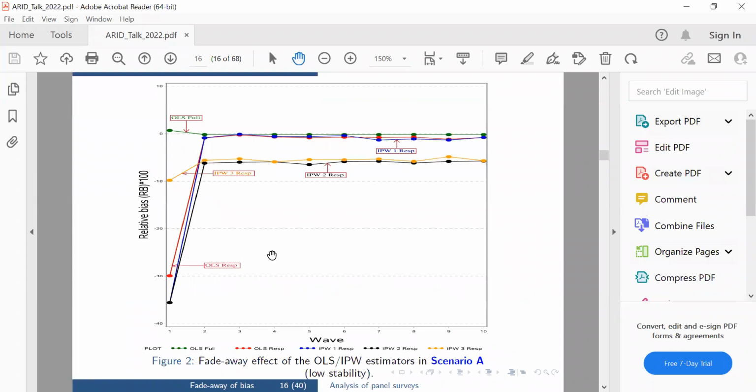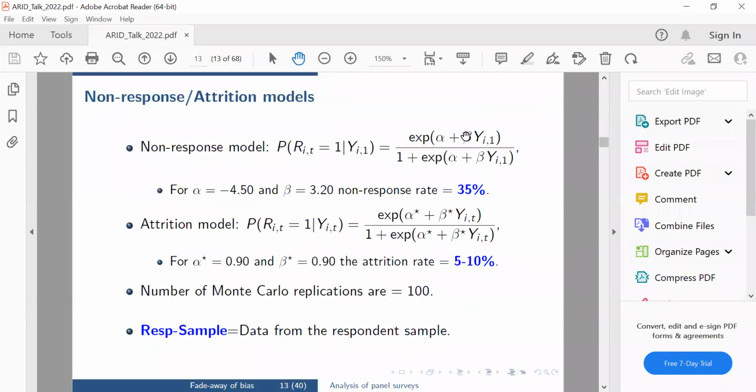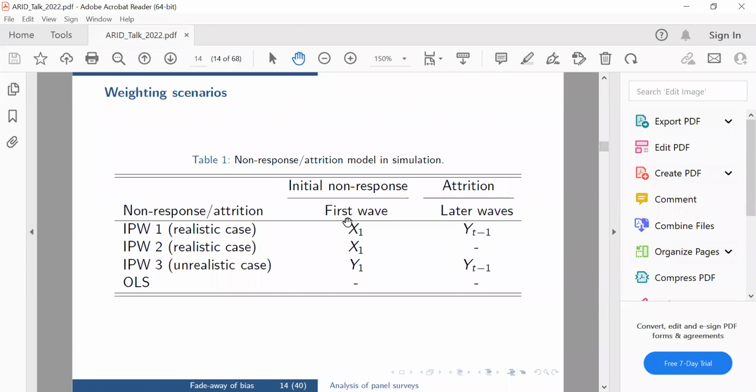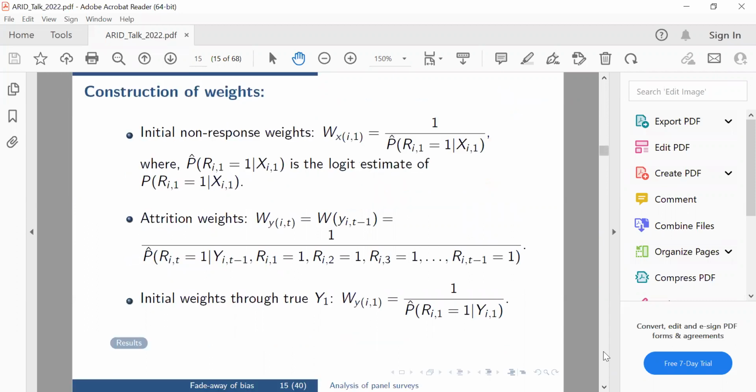This is because we use a wrong weighting model: if you look at the previous model, your response model depends on y, which is the variable of interest, but here we use x as the weighting variable. So if we are using wrong weighting models, the bias may be overestimated, or it may be underestimated.